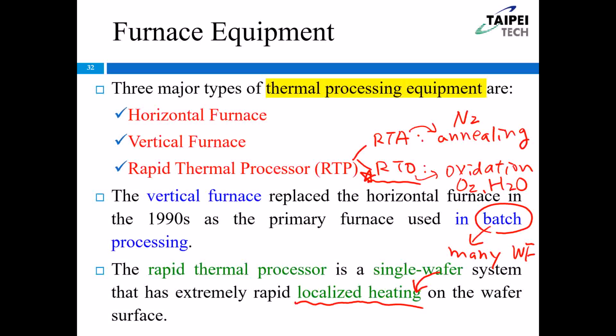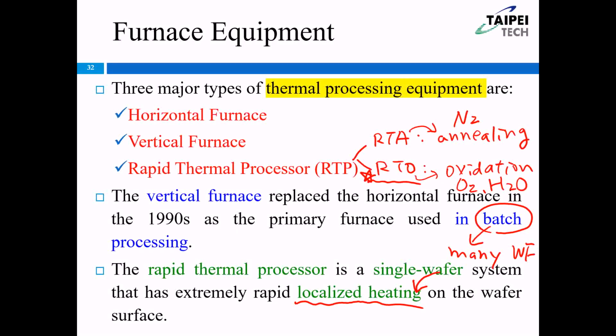And also you need to tell the difference between furnace and the RTP system, okay? After we finish today's lesson, you can at least name three differences between furnace and the RTP system, okay? For example, this slide shows you the furnace is a batch system.